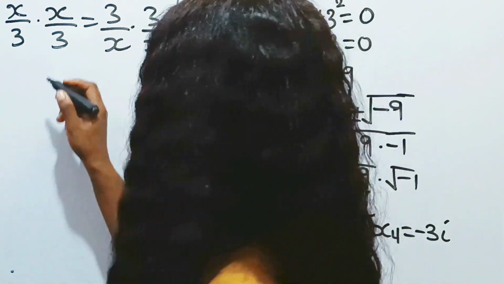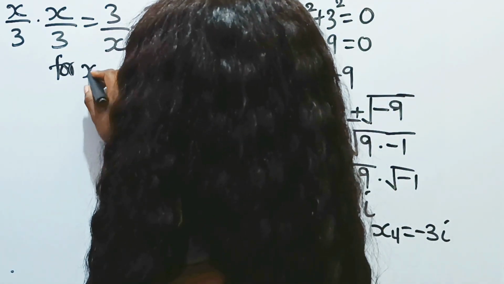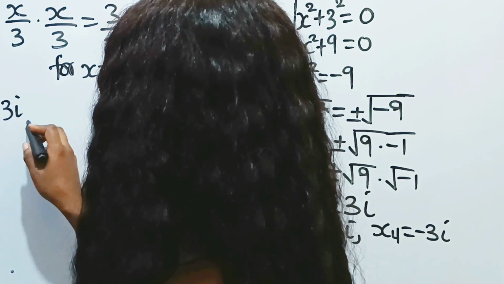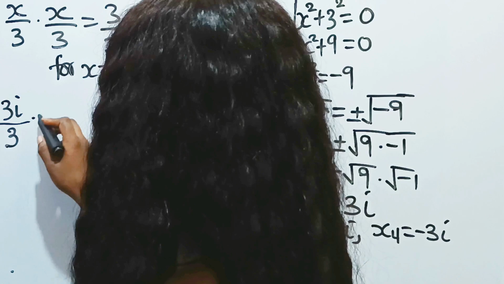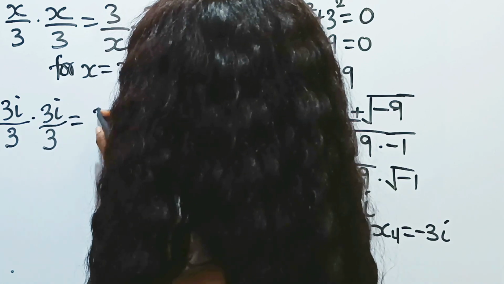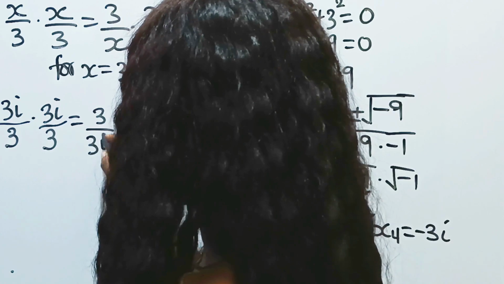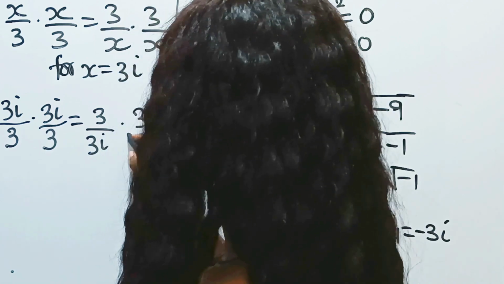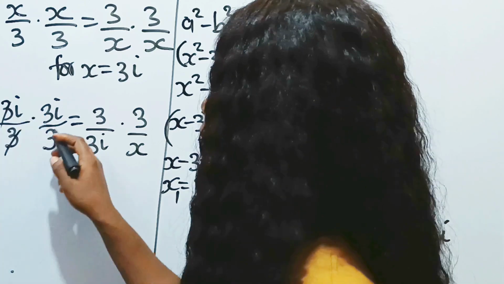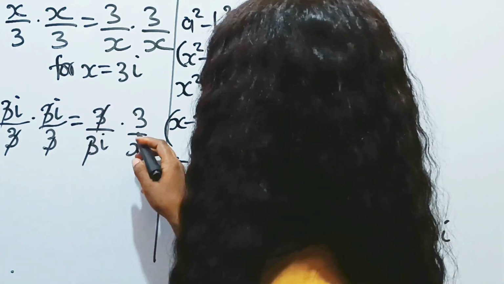Now for x equals 3i. Okay, so we have 3i divided by 3 multiplied by 3i divided by 3 is equal to 3 divided by 3i multiplied by 3 divided by x. Okay, when you do this, this will cancel this, this will cancel this, this will cancel this.